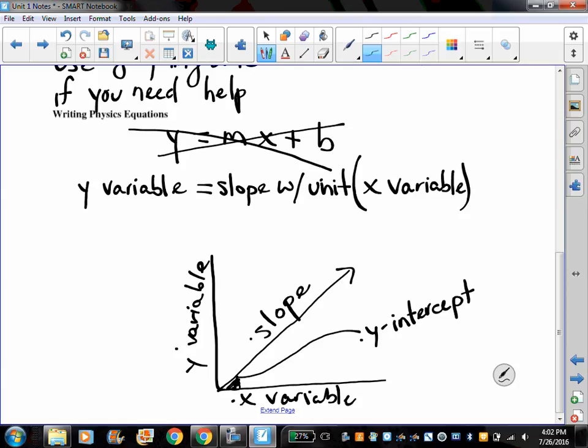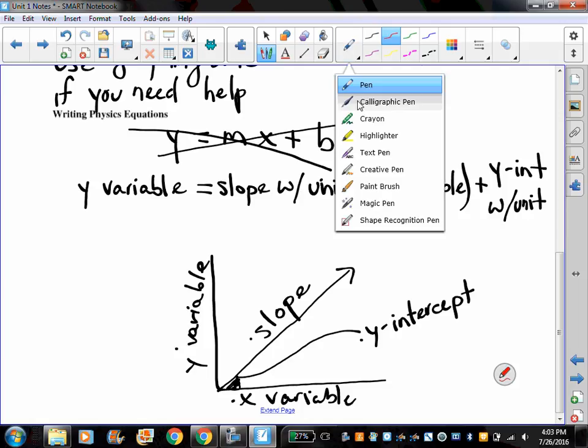It could be a whole bunch of things. And then finally, you will add on the y-intercept. And since a y-intercept is a number, you have to make sure that you have the unit on that number. And the unit for your y-intercept is going to be the same as the unit for your y-axis.